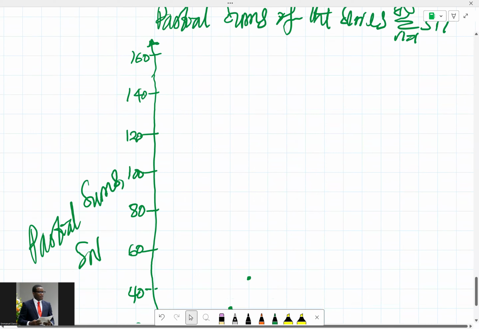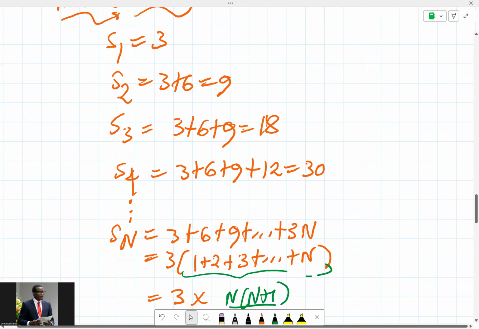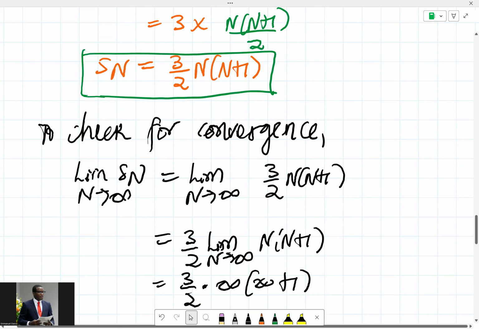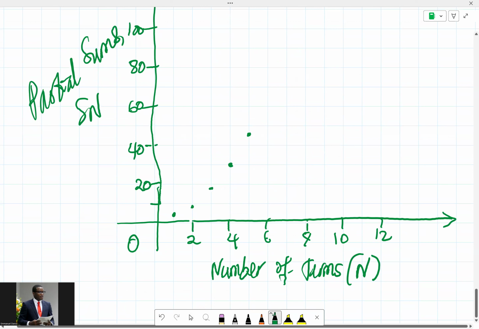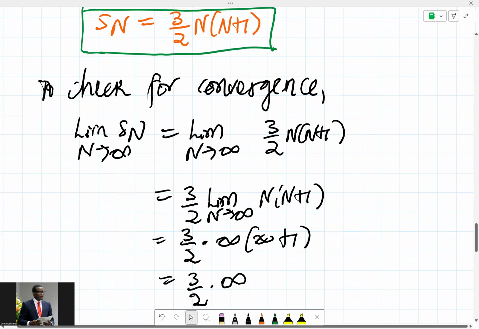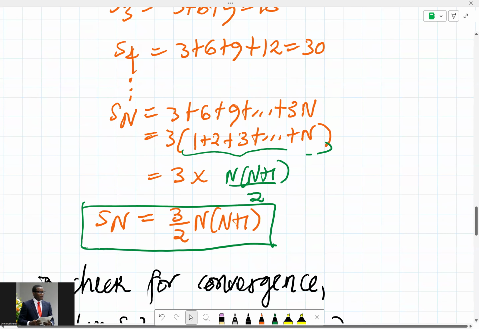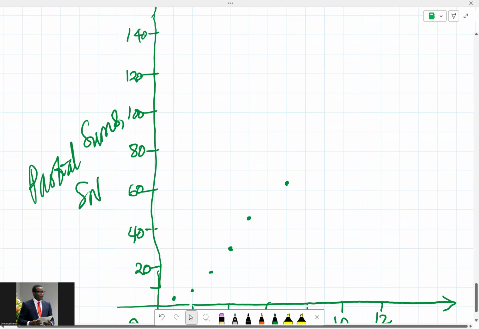Then number 6 is 45 plus 18, that should be 63. So the next one is 63, number 7 is 63, around here. What about number 8? That's 63 plus 21, that is 84.